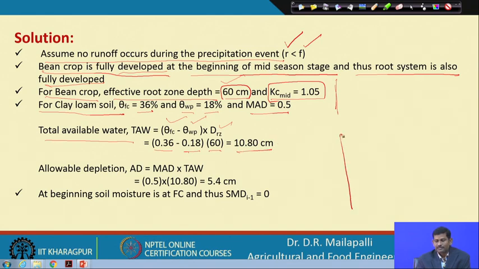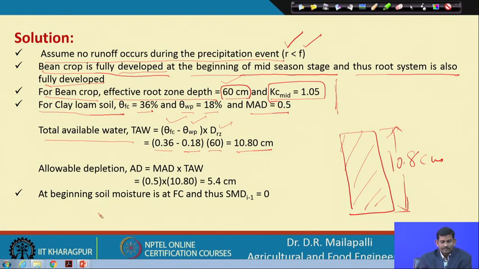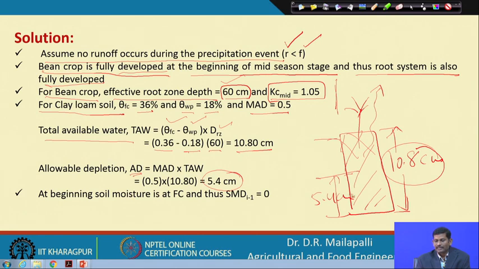you get 10.80. So, this is the reservoir, 10.8 centimeter. Then the allowable depletion AD, 50% of this we are going to allow, like 5.4 centimeter. If this reservoir depletes down to 5.4 centimeter because the crop is taking water, that is, if 10.8 centimeter depletes to 5.4 centimeter, then you give irrigation.